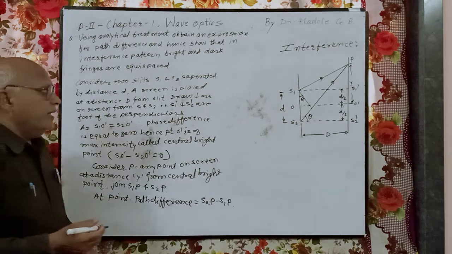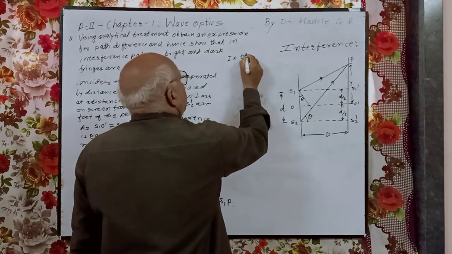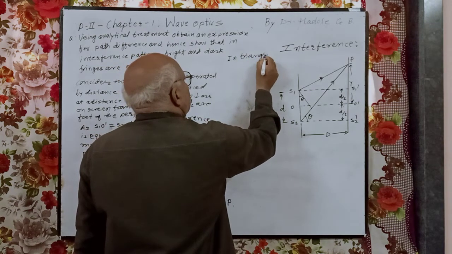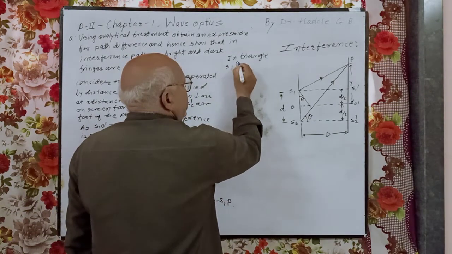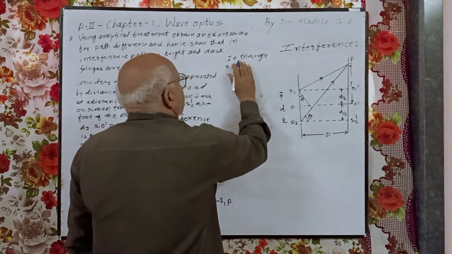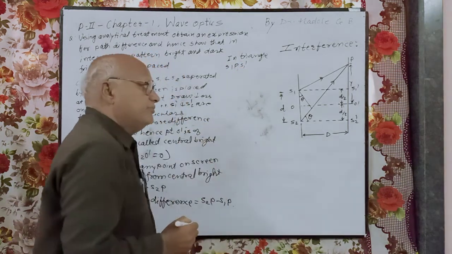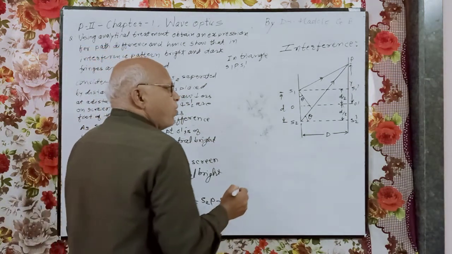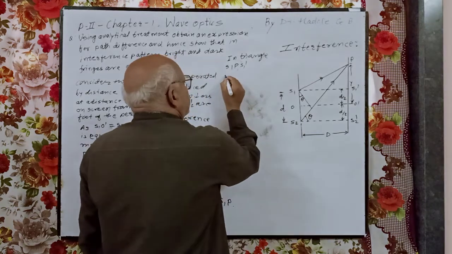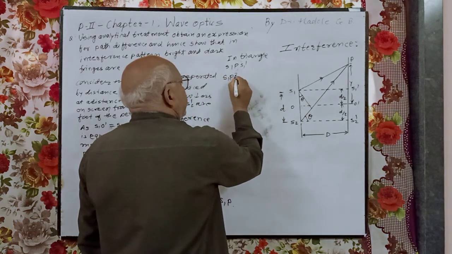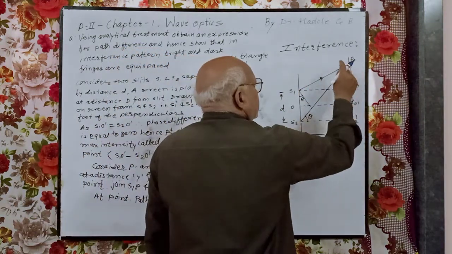So, in triangle S1P S1 dash, we write S1P square.